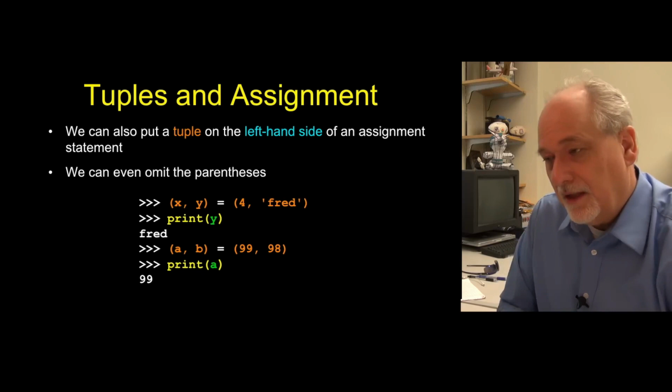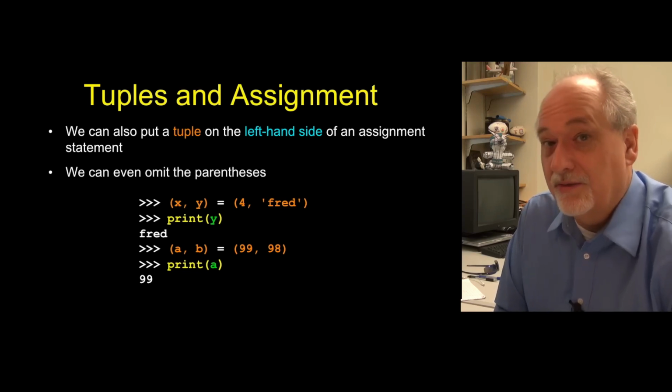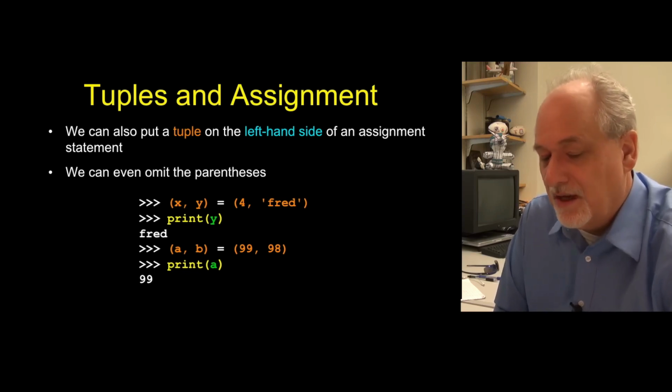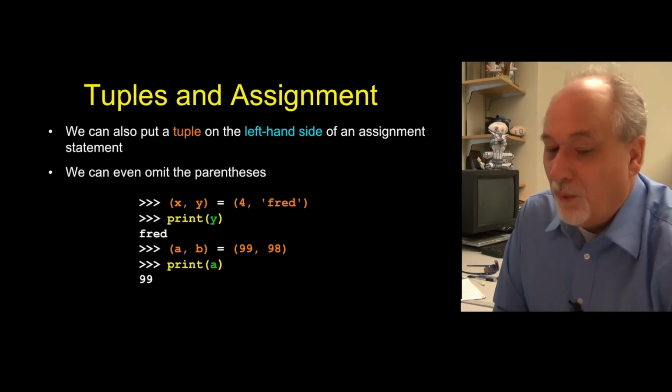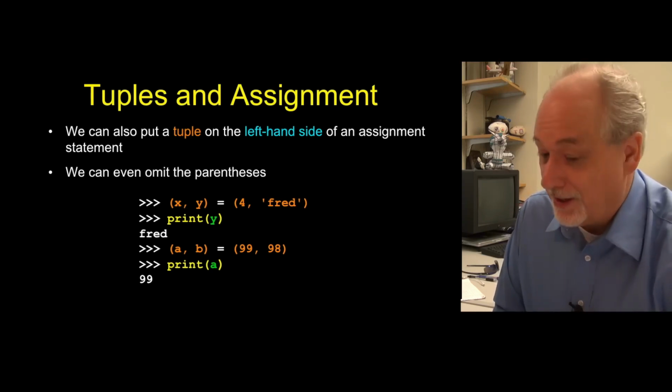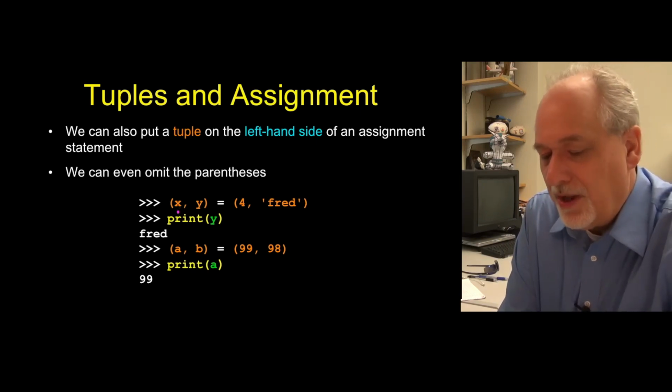So the other thing that's interesting about tuples, and we've actually sort of seen this, is that you can put a tuple that includes variables on the left side of the assignment. And this takes a little getting used to, but it's really cool, and no other language that I know of does this. So if we say x comma y, that's a 2-tuple. Both have to be variables. You can't put constants on this side.